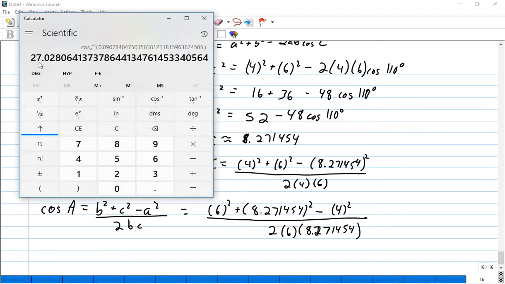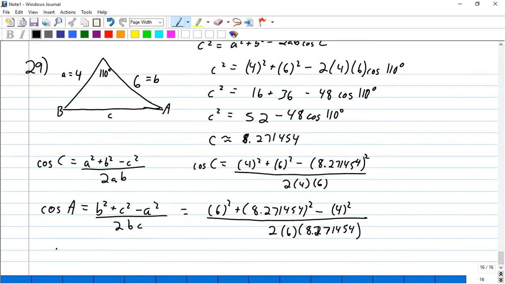So angle A, and I'm just going to round this to 2 places. If your answer is 1/100th away, then it's probably because we plugged in a rounded answer. But that would be 27.03 is what I get if I round that. So angle A is about 27.03 degrees.